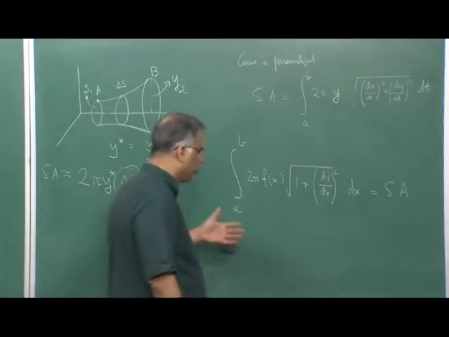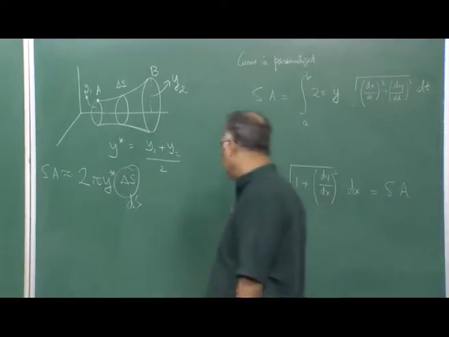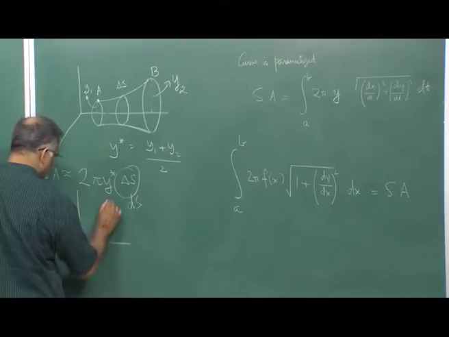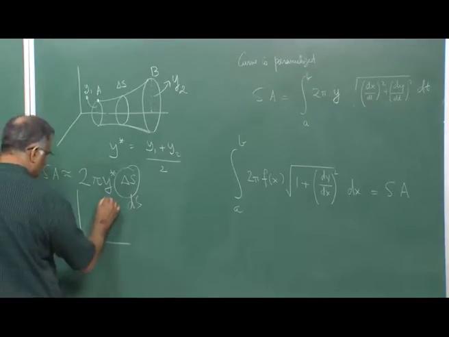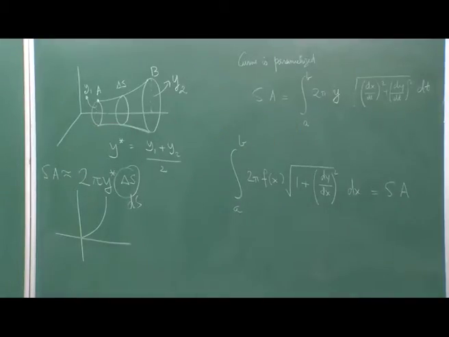Here the curve is non-parametrized. Let us take a simple example and see. You take the curve f x equal to x square, with x lying between 0 and 2. Here is an exercise problem in Thomas's calculus.